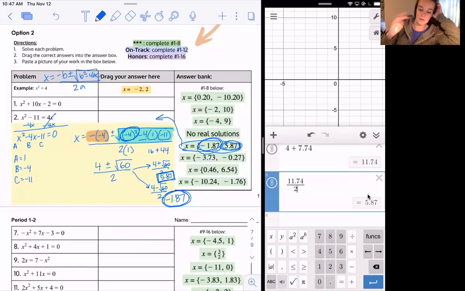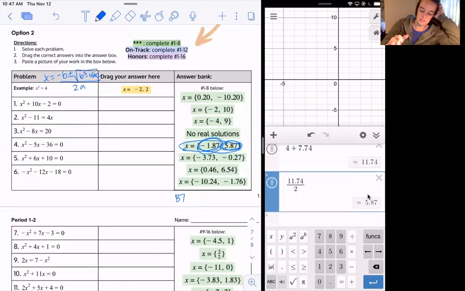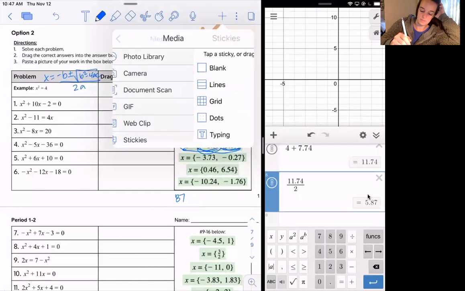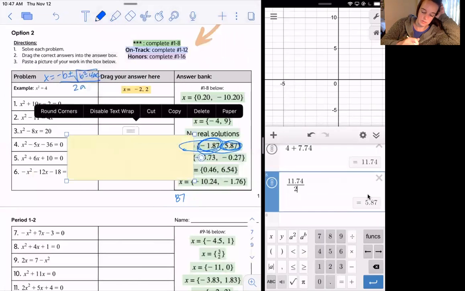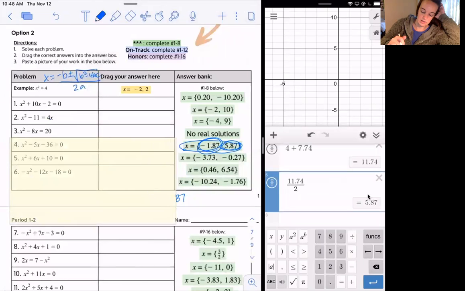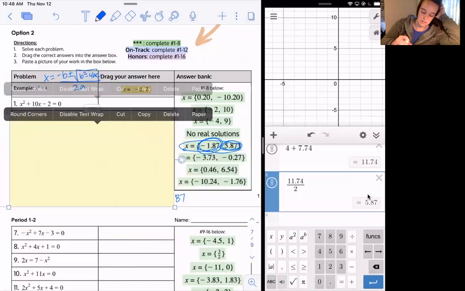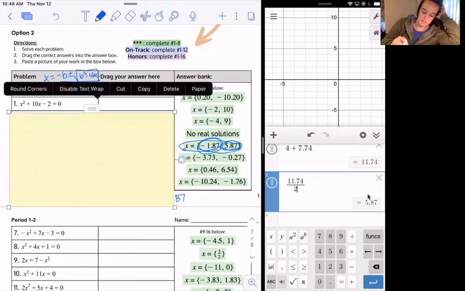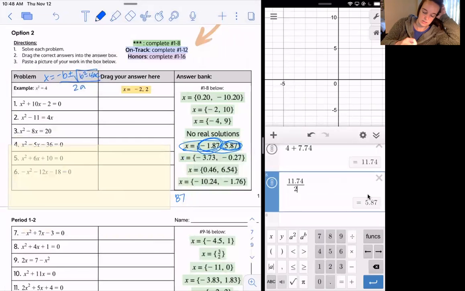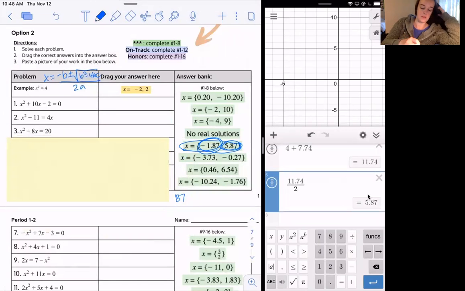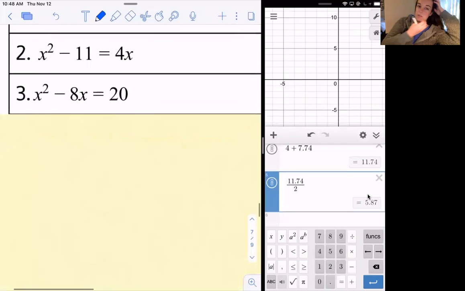I'm also going to do number 3 on this video. So let me go ahead and delete my sticky there. And we'll do number 3. So for number 3, again, I see that it's not equal to 0.